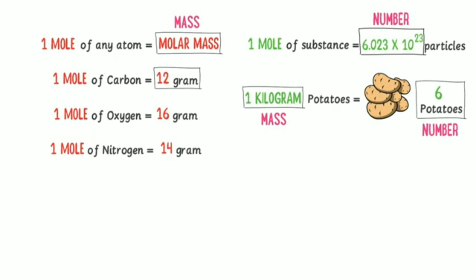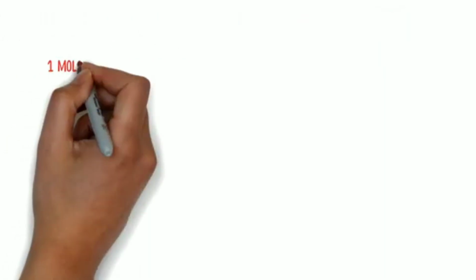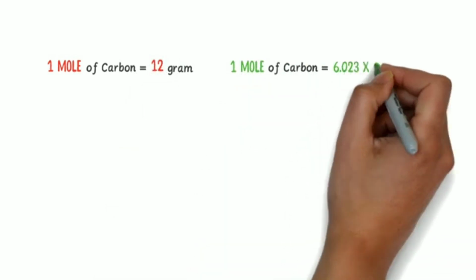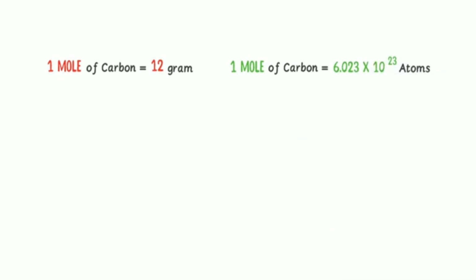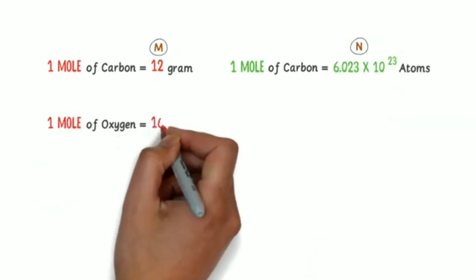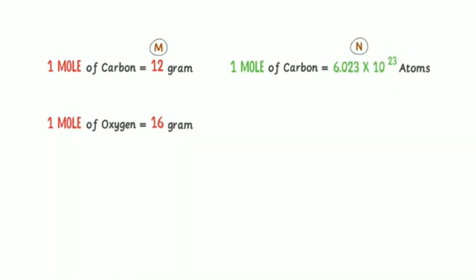To summarize the mole concept, we can say that 1 mole of carbon atom is equal to 12 grams. Secondly, in 1 mole of carbon, there are 6.023 × 10^23 atoms of carbon present. So we say that this is the mass M relationship and this is the number N relationship. Secondly, 1 mole of oxygen atom is equal to 16 grams.